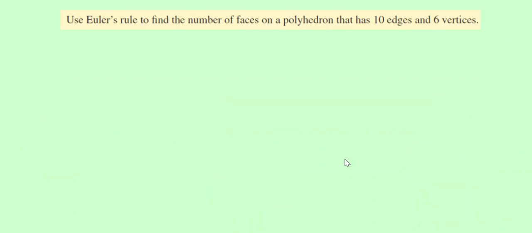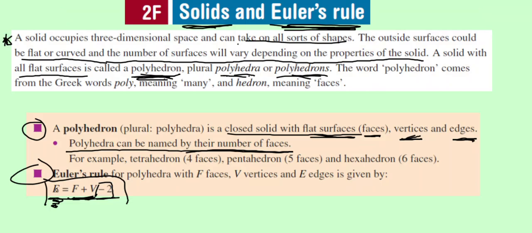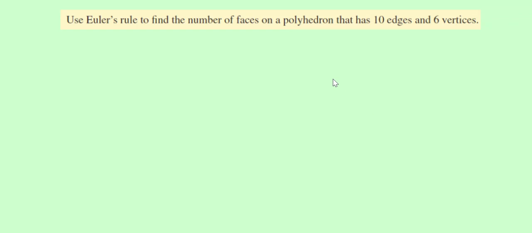Last little thing, let's do this really quickly. Use Euler's rule to find the number of faces on a polyhedron that has 10 edges and 6 vertices. So if we remember this rule, E equals F plus V minus 2.